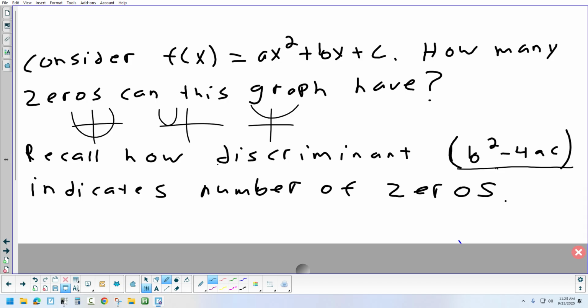If it comes out negative, you've got this case. If that calculation came out positive, you've got this case. If that calculation came out exactly to 0, you've got that case. And that was at the end of section 1.5.